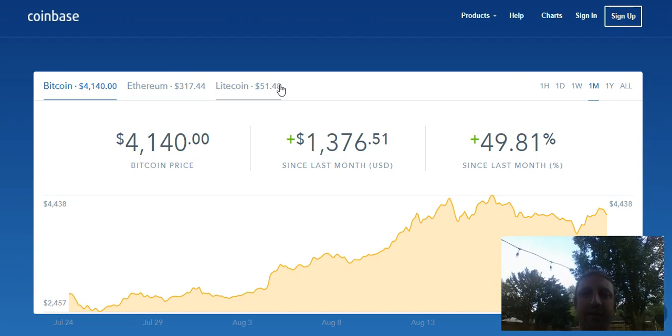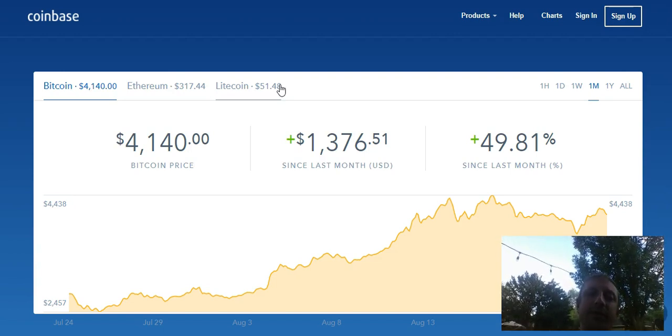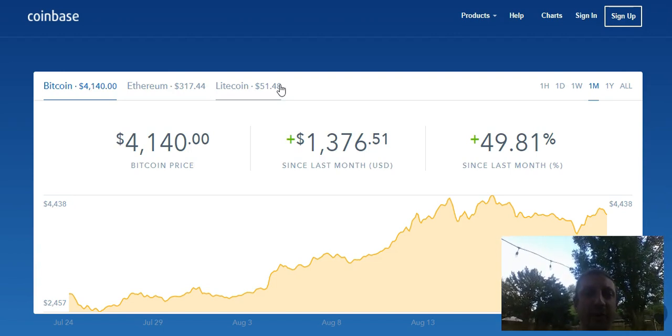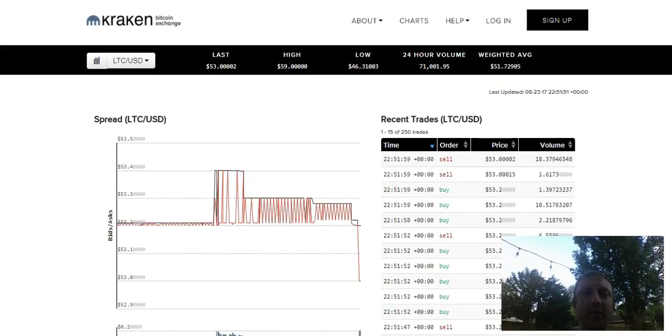After fees and everything, there's not really much money to be made. But when you start seeing those big spreads, that's when you're going to be able to make some money. Just for example, if you could buy Litecoin over here at Coinbase or GDAX for $51, and we could immediately send it over to Kraken, and maybe on Kraken the last trade's going through at $60, well, okay, I can make $8 per coin.